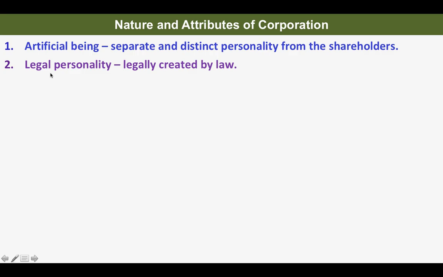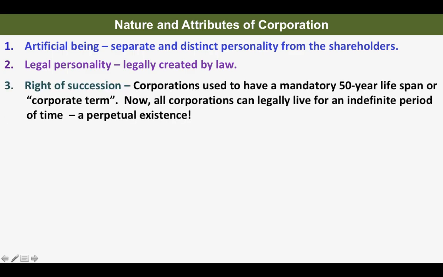And as with legal personality and as a separate and distinct personality, the corporation can be sued as a separate entity. Then the third attribute of corporation is the right of succession.